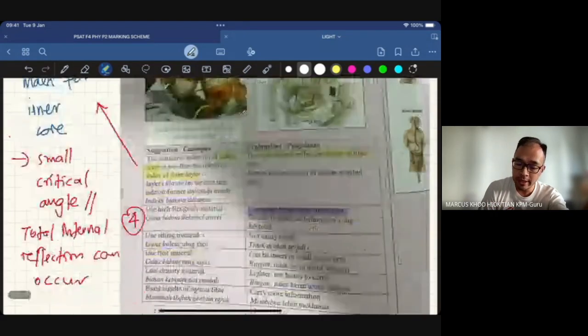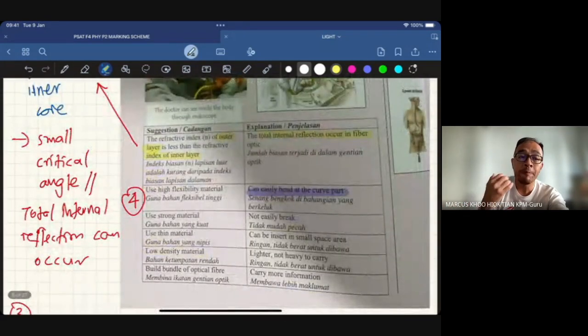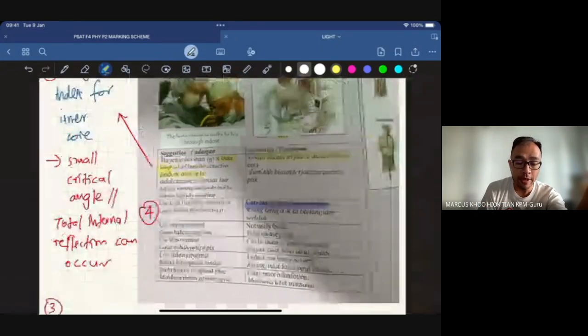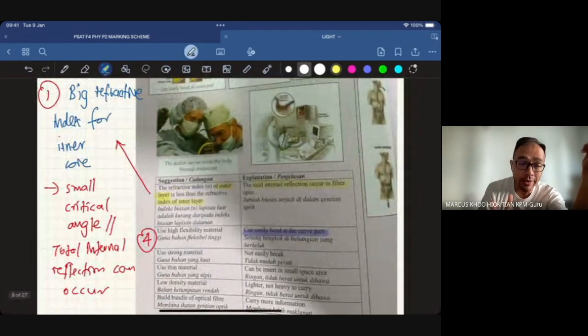Two possible reasons: if you have a big refractive index, you have a small critical angle, which means total internal reflection can occur. So this would be my first point for the characteristics of the material of the inner core. I'm just changing the answer a little bit from the black book, and you can jot this down now.